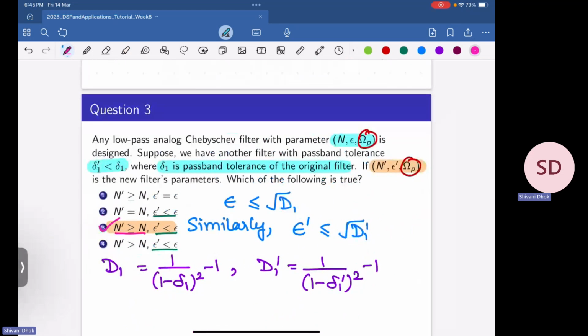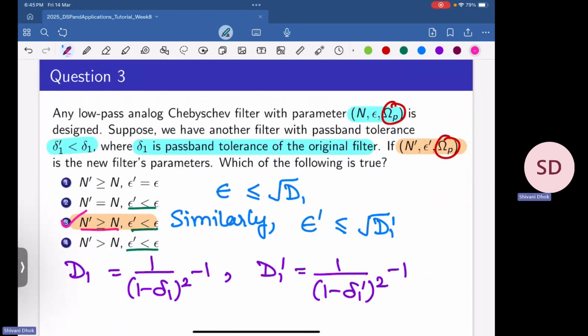Now let us try to understand what exactly happened. Okay, so original filter had an order of n, epsilon and omega p, and the new filter had parameters as n prime, epsilon prime and omega p.